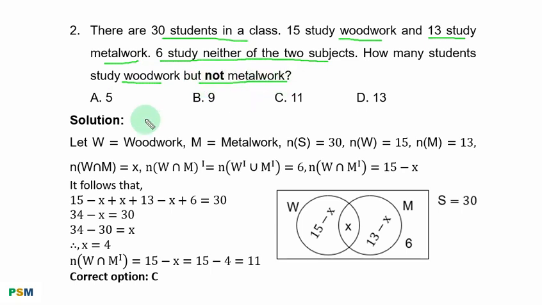Solution. Let W equal woodwork, M equal metalwork. The number of students in the class form the universal set, and you have 30 of them. Number who study woodwork, 15. Number who study metalwork, 13.